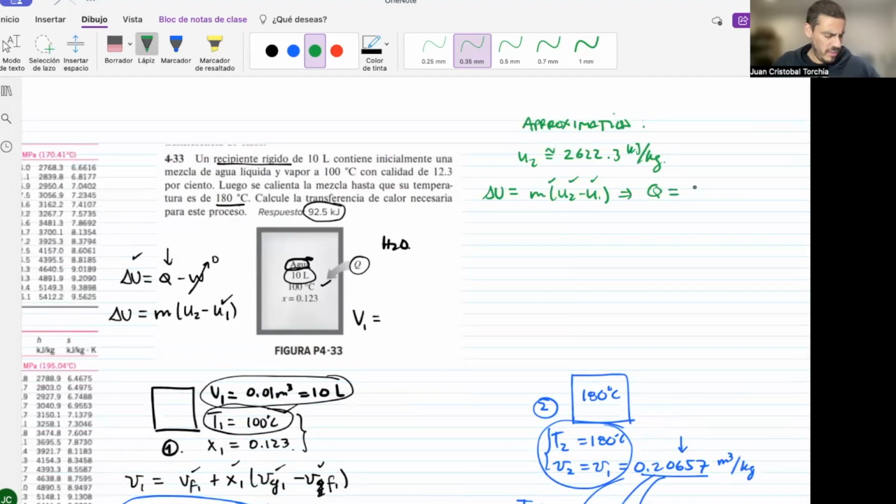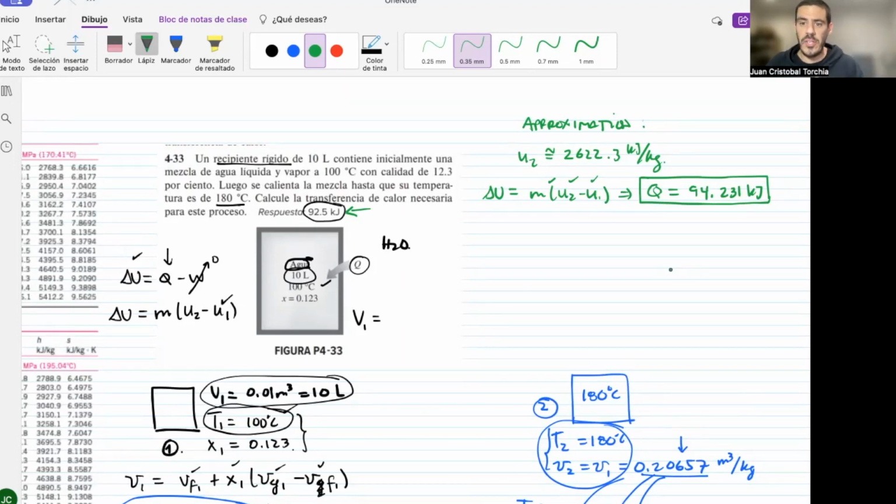Therefore, the heat in this case equals 94.231 kilojoules. Okay, so this one comes from the approximation, which is in green. And it's pretty close. It's not that bad. It's 1.8% off from the 92.5 kilojoules. So if you are not interpolating, it's not that bad, okay? But at some point you will need to interpolate.